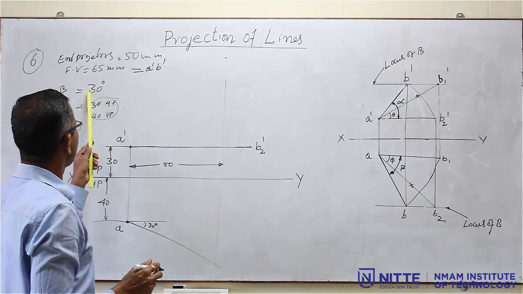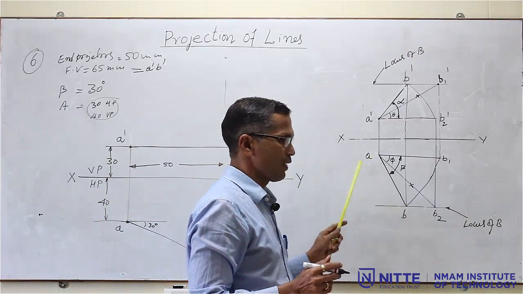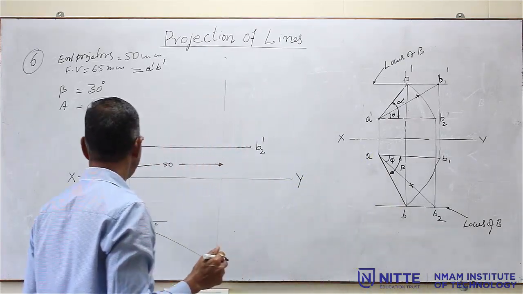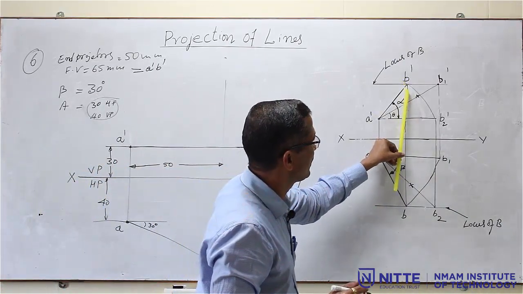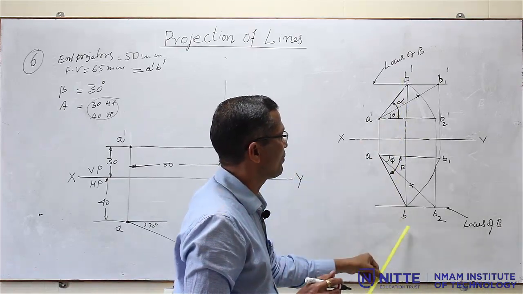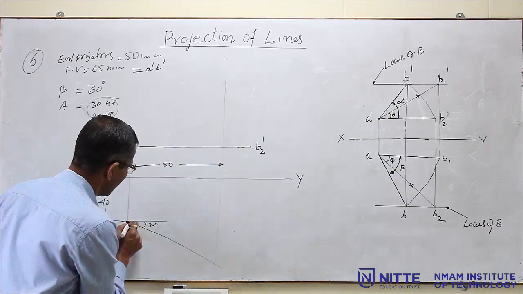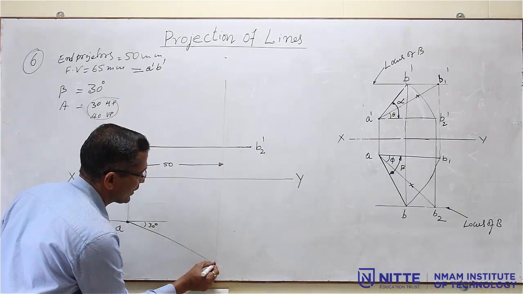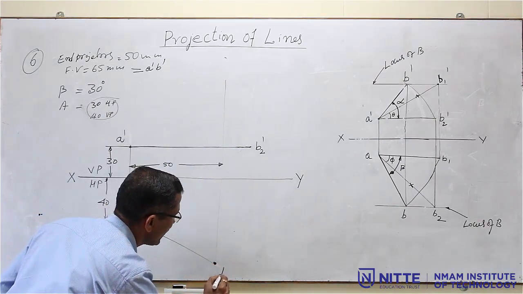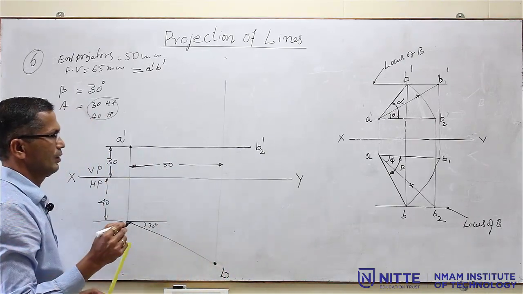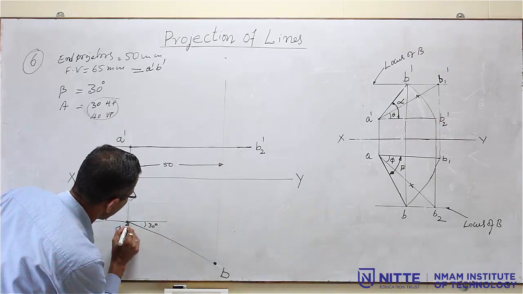Beta means it is the inclination of line AB. Where is A? A is here. Where will be the point B? Point B should be on the other vertical line, the end projector. Now we have already drawn that. That means if you extend this 30 degree line, it will intersect with the vertical line, the end projector. So this point itself will be point B. This is the point B, and this becomes the top view.